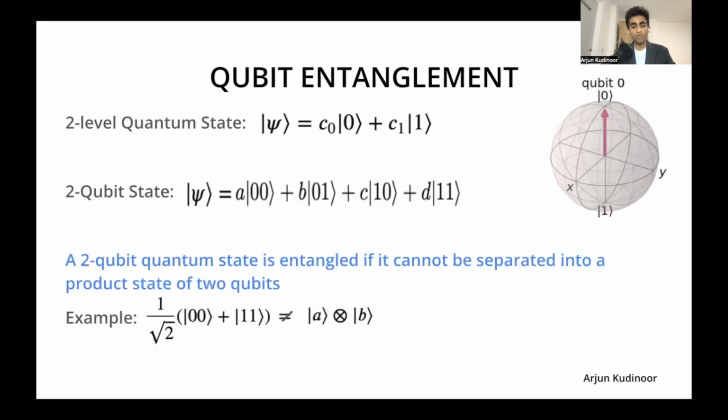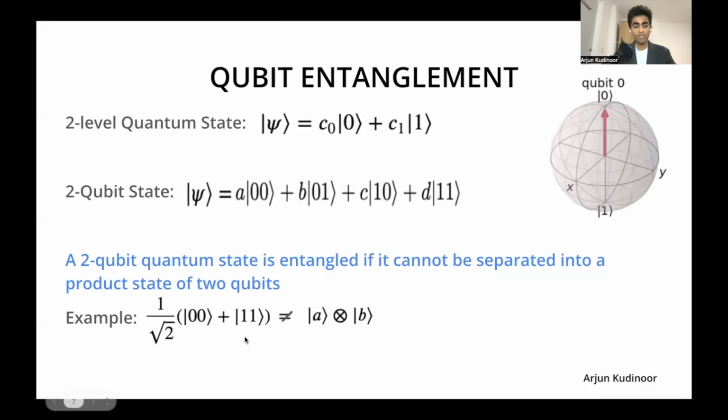Okay, so a 2-qubit quantum state is entangled if it can't be separated into a product state of 2 qubits. Essentially, what I'm saying is take some state, and if you can't write it as the product of 2 independent state vectors for each qubit, then we say that this system is entangled.